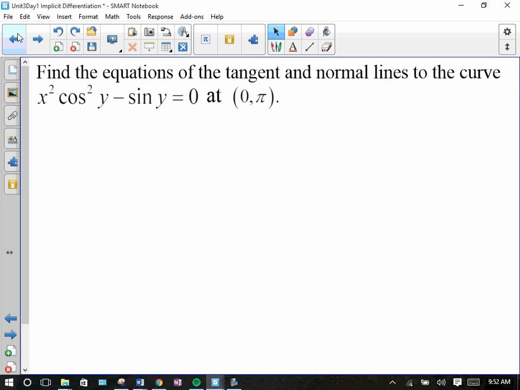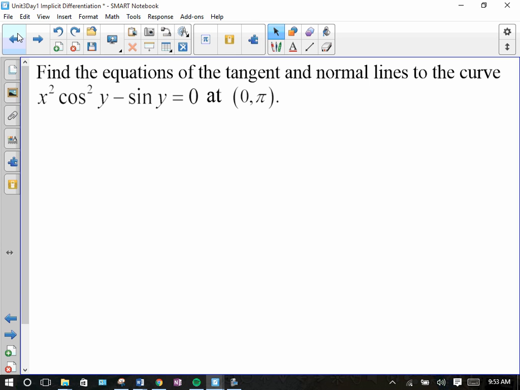If I'm asking you to find the tangent and normal lines, we know the point is (0, pi). What does that tell us that we need to find out? The derivative, because we need to find the slopes.